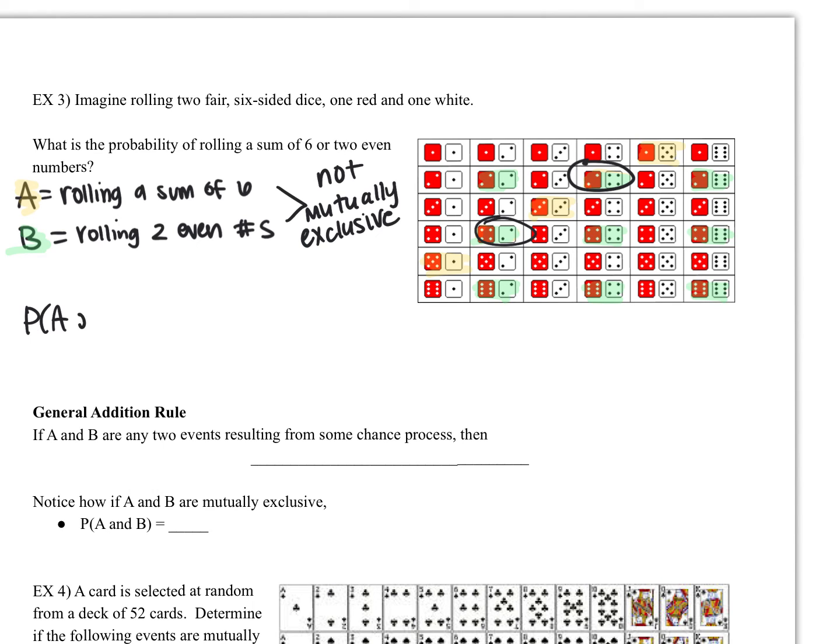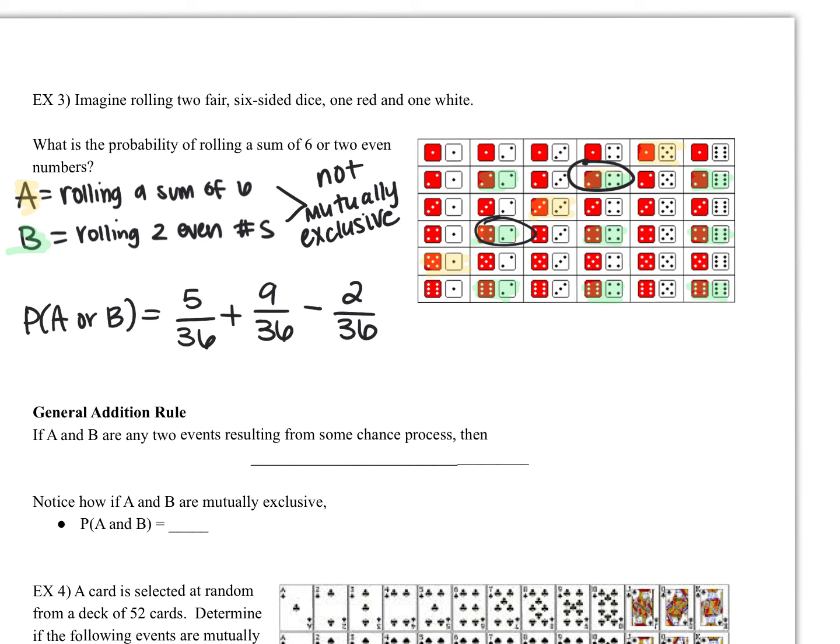So the probability of A or B, so there are 5 ways to get a sum of 6 plus my 9 ways to get 2 even numbers, but 2 of those are counted in both. So I subtract 2 over 36 because I counted 2 of the events twice because they appeared in both groups. So I only need them to appear once. So I subtract the number of times.